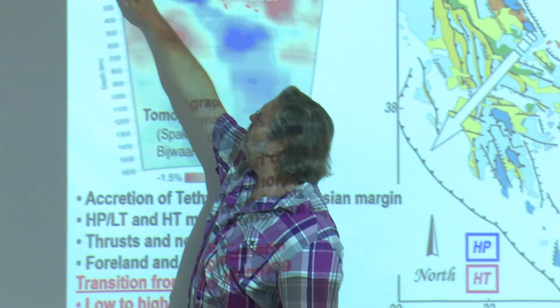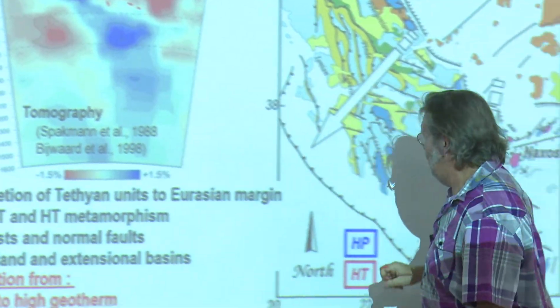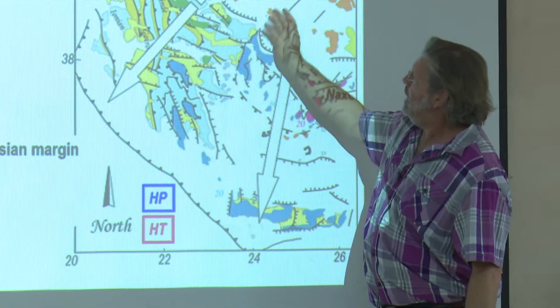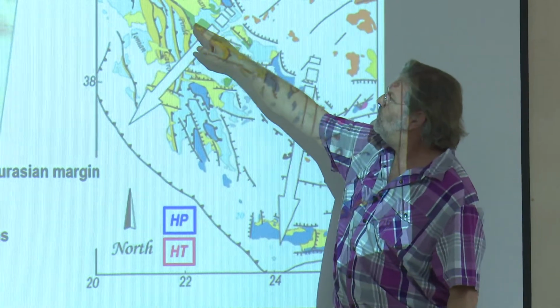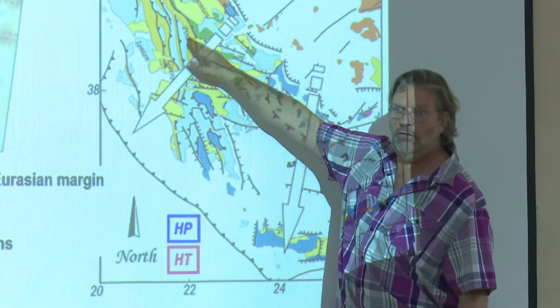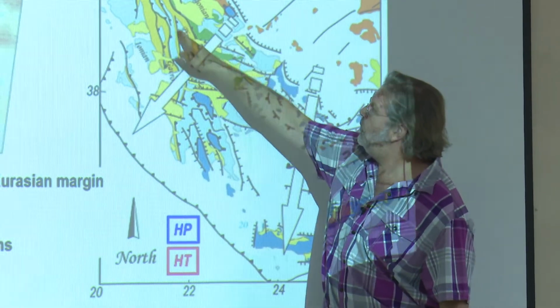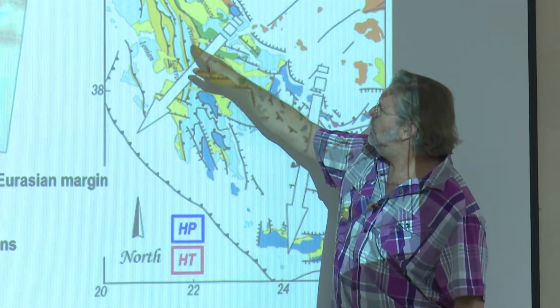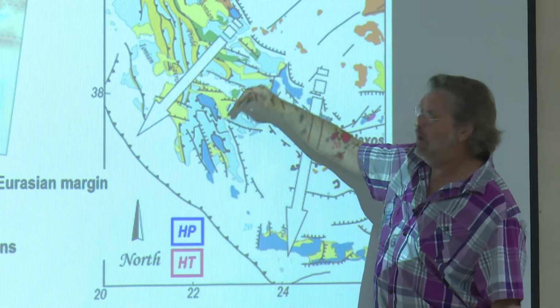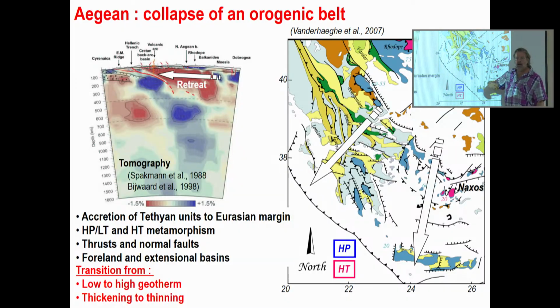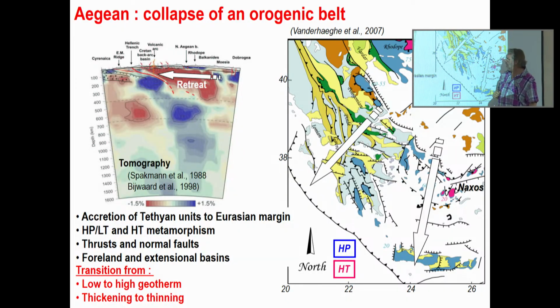And in the rear here, you have thrusts, like ophiolite on top of continent. That's a thrust. But you also have normal faults. All these with squares or ticks are normal faults. Thrusts are cross-cut by normal faults.